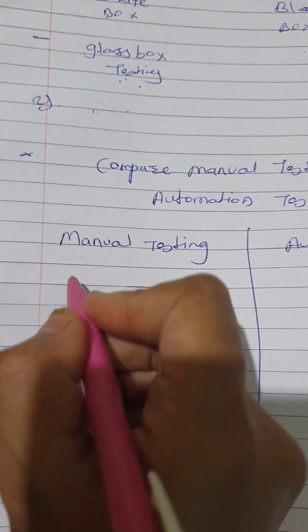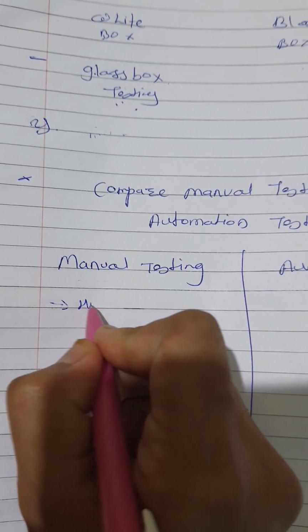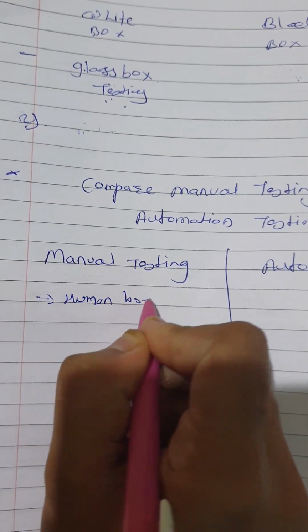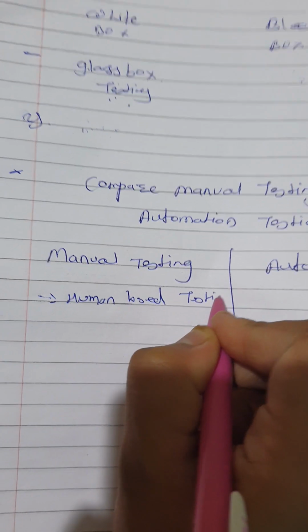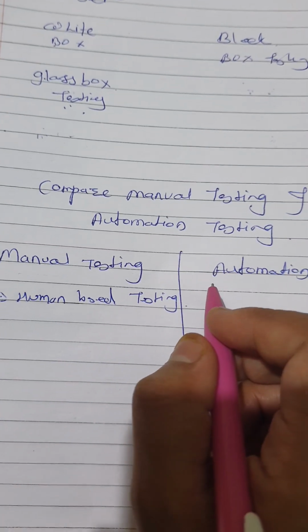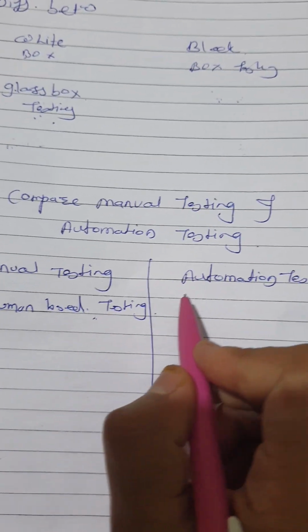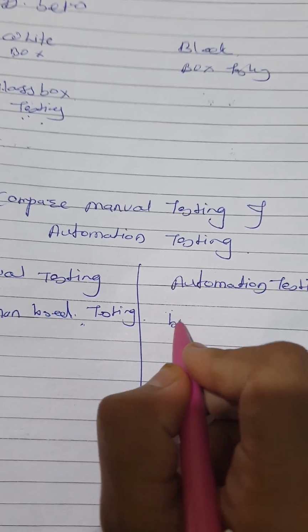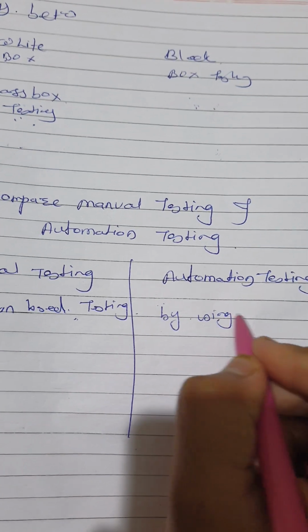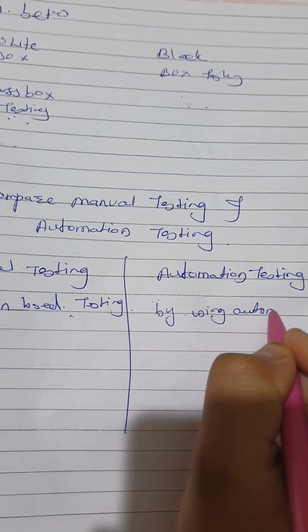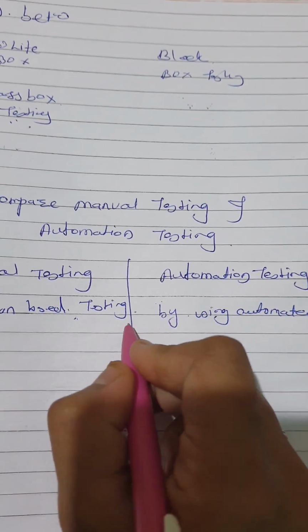So first, manual testing is human based testing, where any human can perform testing manually without using any software or tool. And automation testing is performed by using automated tools and frameworks.